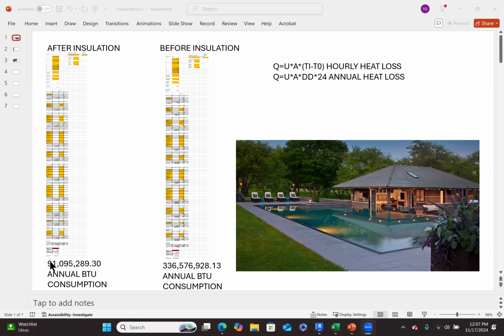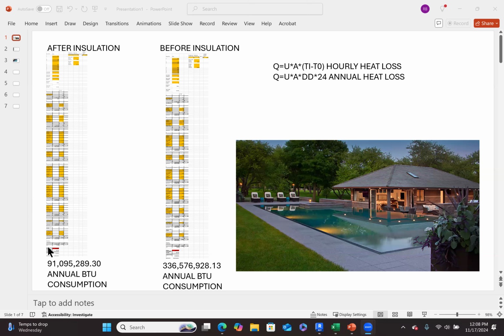annually I would need, when I purchased their house from their estate in the 1970s, before I insulated it, I would have to create by burning natural gas or fuel oil, propane, or coal, or some sort of heat source, 336 million BTUs a year in order to keep the level of the temperature inside of the house during the winter at the same temperature.